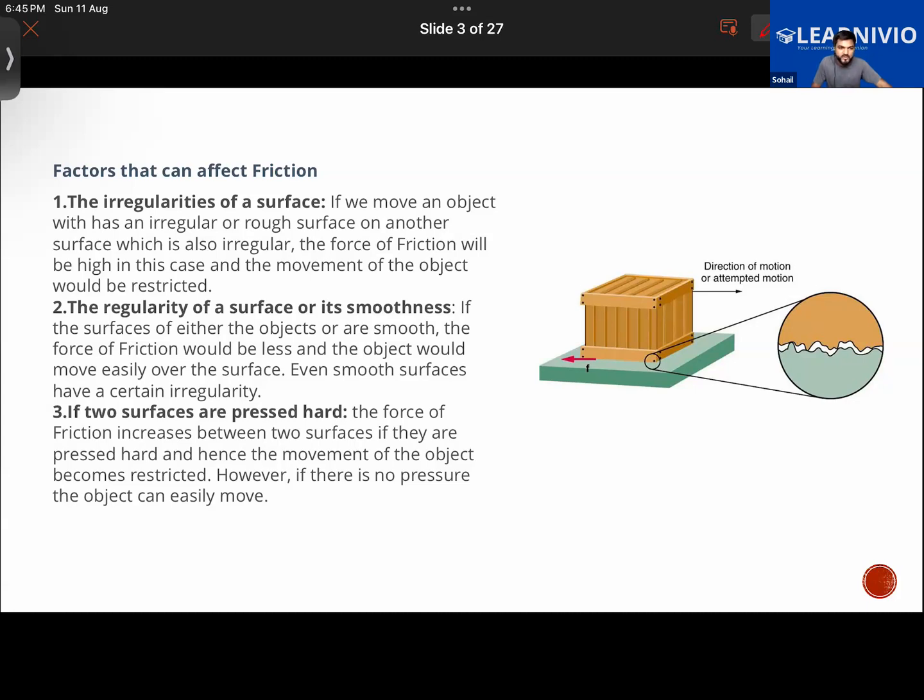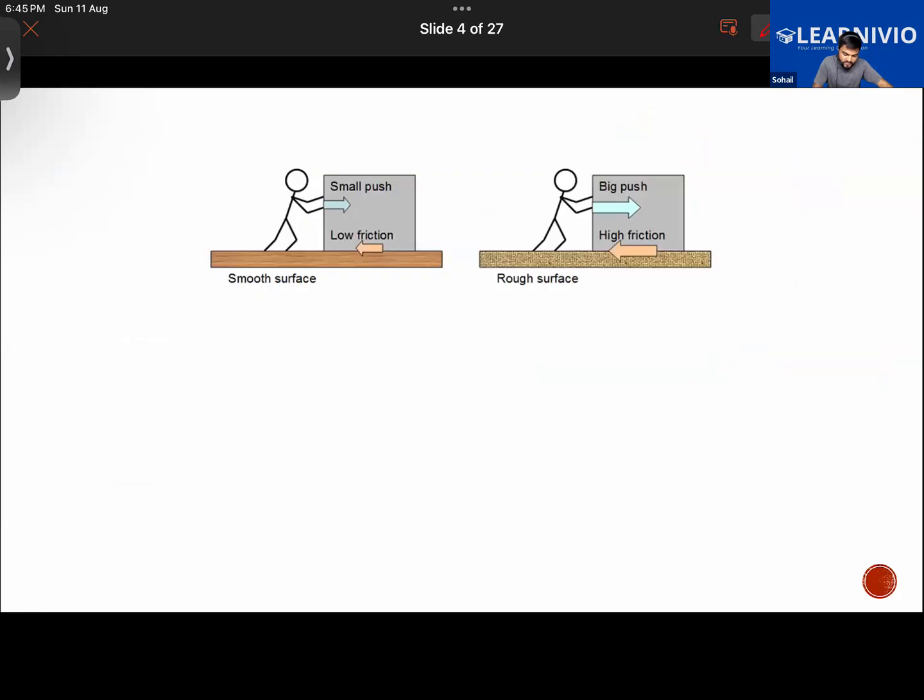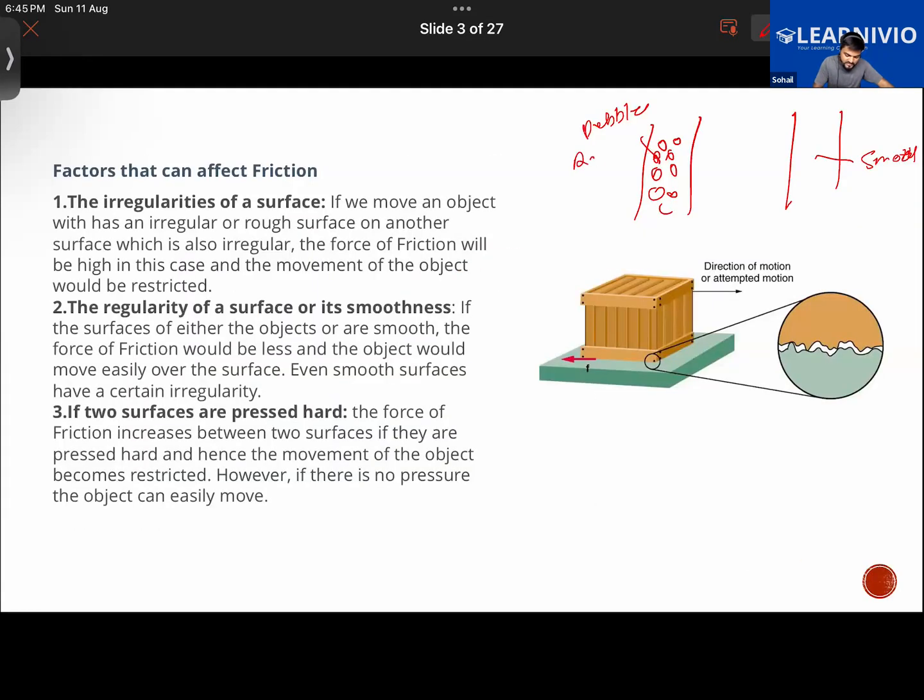So this is a very rough road with lots of pebbles in it, and this is a comparatively smooth road. On the first type of road, it will be difficult for us to walk because of surface roughness. And here the surface is smooth, so it will be easier for us to walk because of reduced friction. That is one thing.